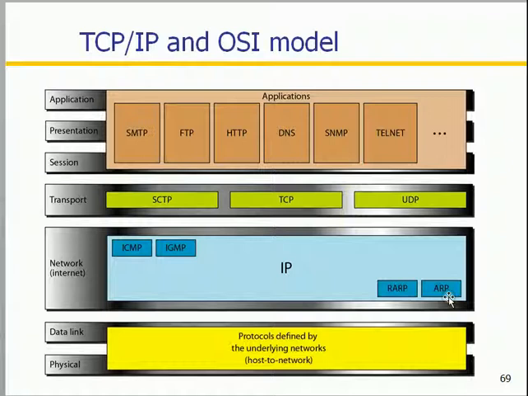I maybe mentioned ACP or something. ASP, no, not ASP, ARP. Okay, so this is the internet protocol layer, and these are the protocols defined here. And these are multiple protocols. So that's the OSI and TCP model.